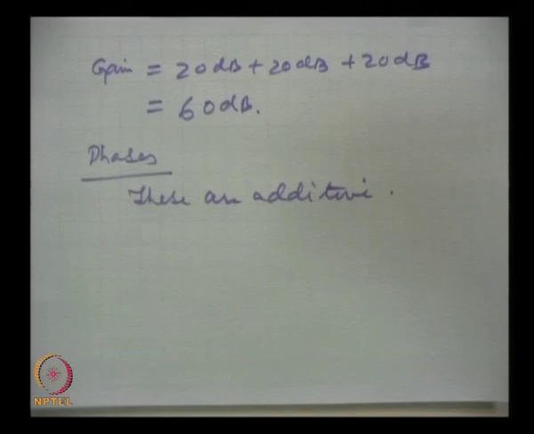So, if we couple 2 amplifiers, for example, both having a phase difference of pi, then if there are only 2 stages, pi plus pi, the phase difference will be 2 pi, which means the output will be in phase with the input. So, phases are additive, and if one has a phase of pi and the other has a phase of minus pi, then 0 phase will appear, and so on.